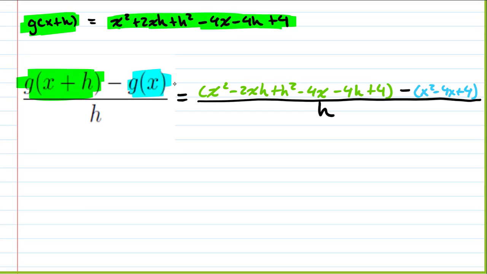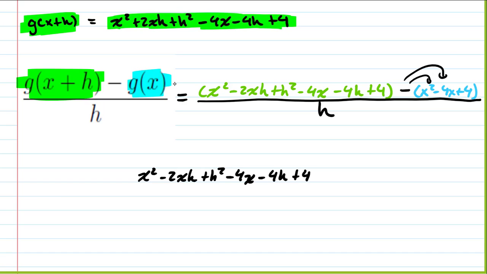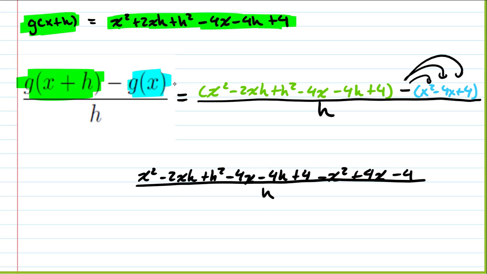All right, so now we just start simplifying. So we have x squared plus 2xh plus h squared minus 4x minus 4h plus 4, and we distribute our minus sign in, and we get minus x squared plus 4x take away 4, once again all divided by h.